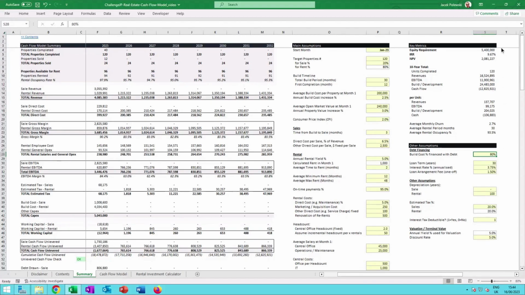Let's see what happens to, for example, my equity requirement and the return if I change that figure to 65%. So you see that, which is expected because I cannot finance the model with as much debt as previously, I have to put more equity in. And then you also see that that affected your returns. Okay, let's go back to 80%.